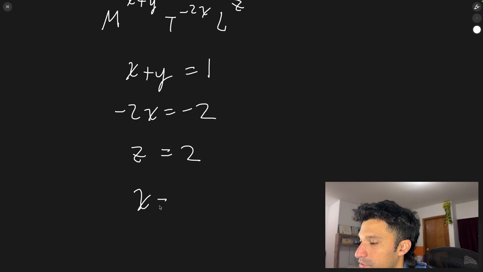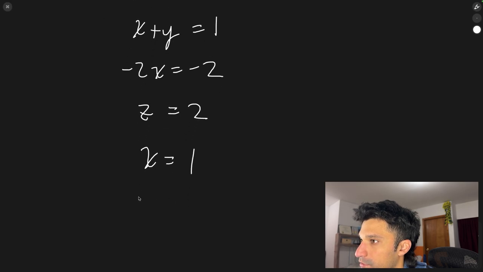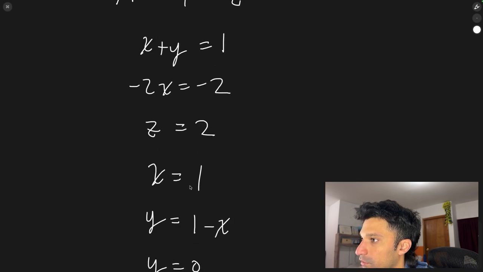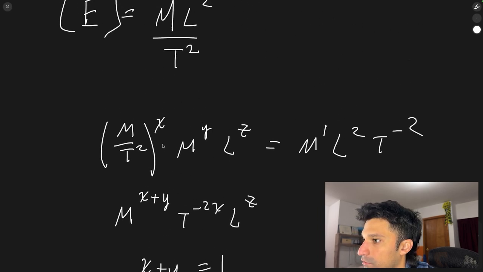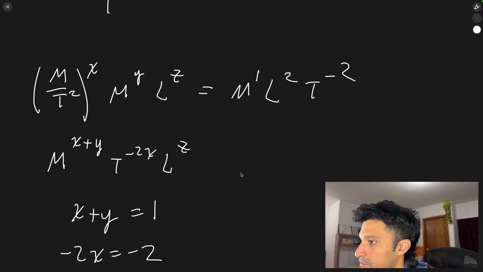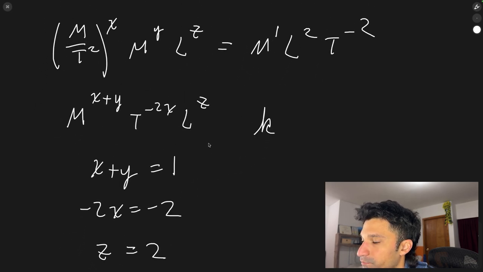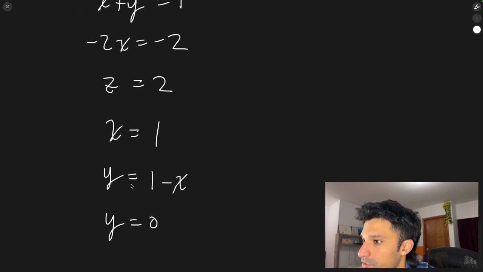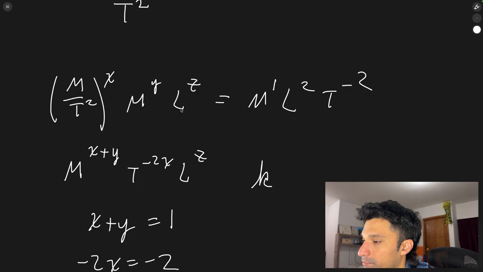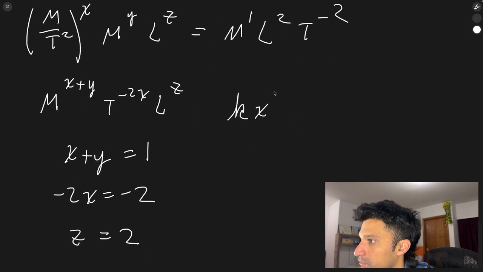That means that x should be 1. And y equals 1 minus x, which means y equals 0. Which means that our answer should look like k to the x power, that's just 1, and mass, which is 0, and then position, which is x, but z was 2, right? So our total energy should be something that looks kind of like this, kx squared.